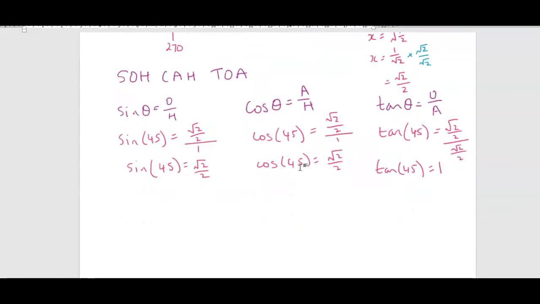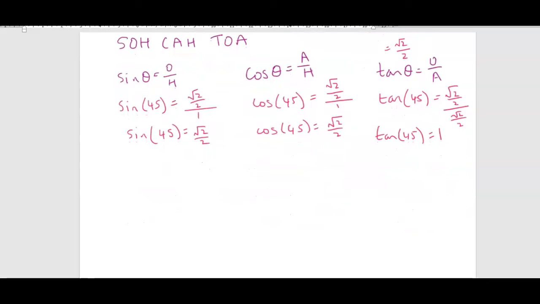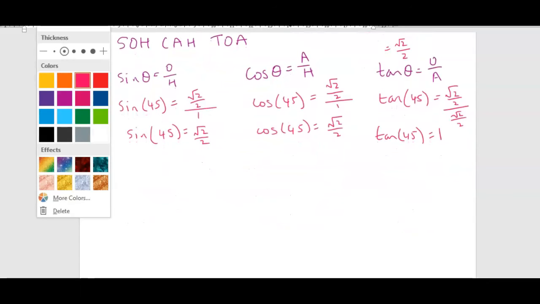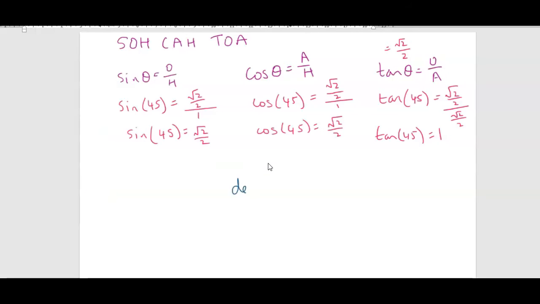Now, if you want to do the radian equivalent, we need to do a conversion. So I'm just going to put the conversion on. So when we go from degrees to radians, we multiply by pi on 180, and when we go the other way, we multiply by 180 over pi.